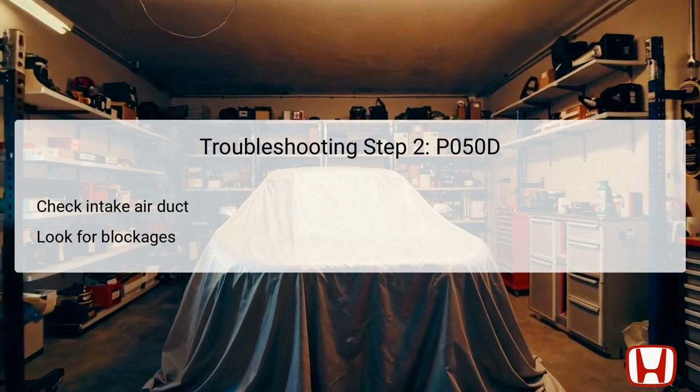If the duct appears compromised, it may need to be reconnected, repaired, or replaced entirely. Ensuring this component is intact is vital for the correct functioning of the PGM-FI system and can directly impact the idle performance during cold starts. If everything looks okay, the technician can then proceed to the next step to further diagnose the issue.